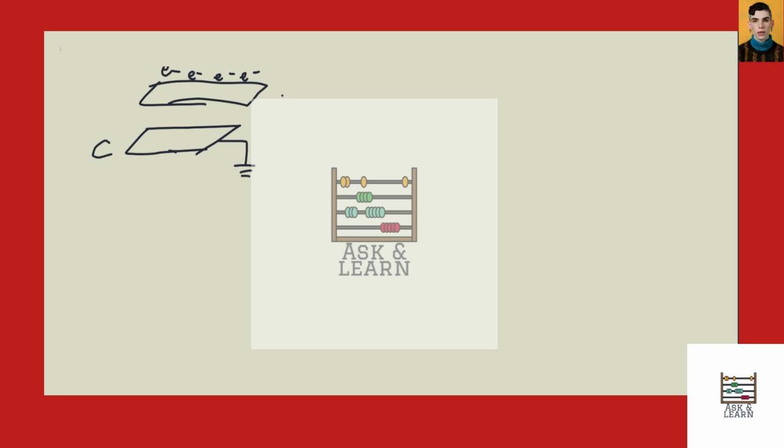Okay, part A: if n electrons flow to the capacitor's top plate, show that the resulting potential difference V across the capacitor is directly proportional to n. This is a simple one, because if we have n electrons flowing to the top plane, the amount of charge is n times the charge of an electron.